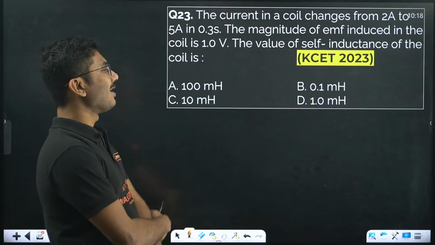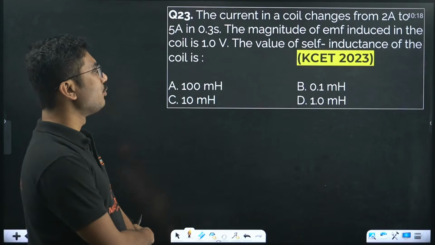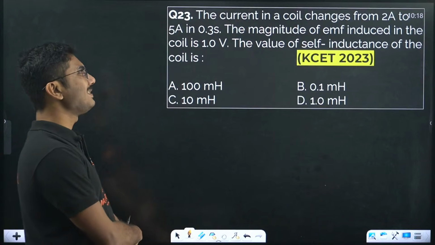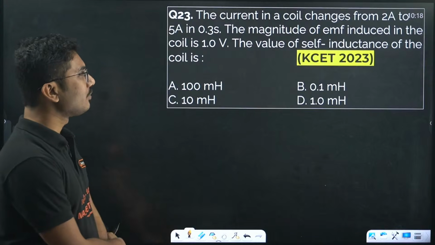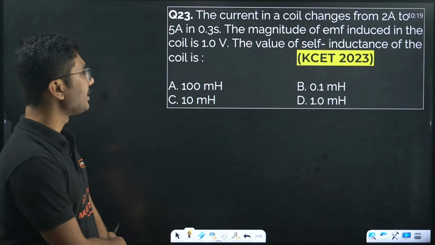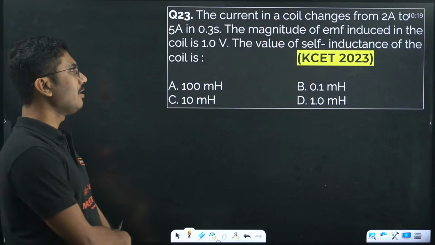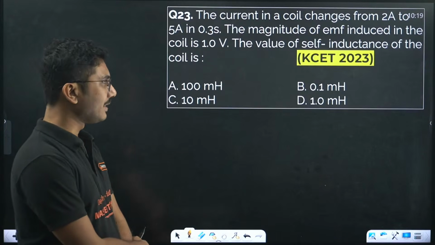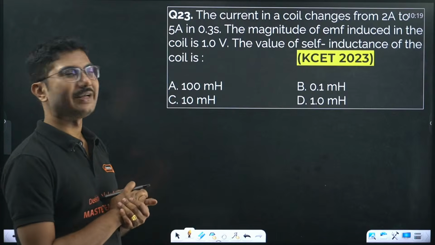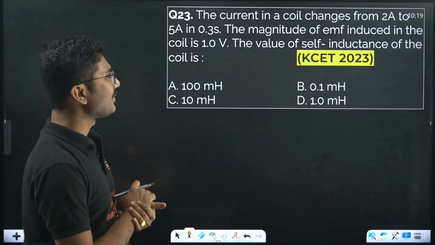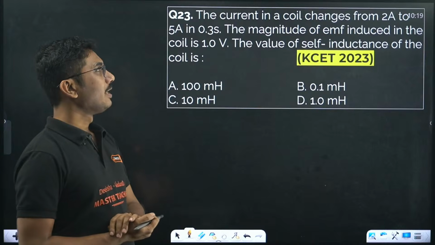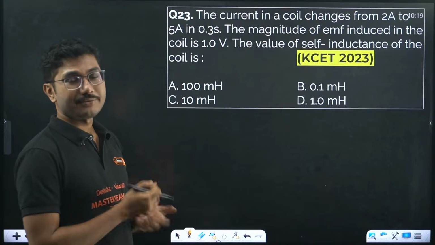The current in a coil changes from 2 ampere to 5 ampere in 0.3 seconds. The magnitude of EMF induced in the coil is 1 volt. The value of self-inductance of the coil is? So they ask you self-inductance, but in the question they have given how the current changes with time, and the magnitude of the induced EMF is also given.